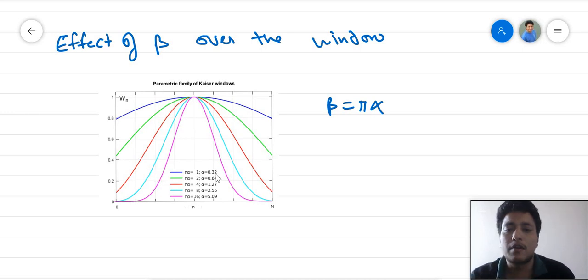That is, for alpha equal to 0.32, we got a value nearly tending towards the rectangular window.